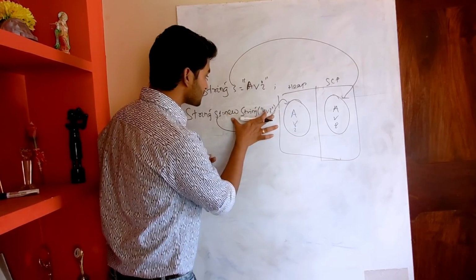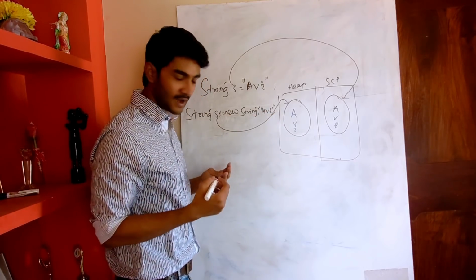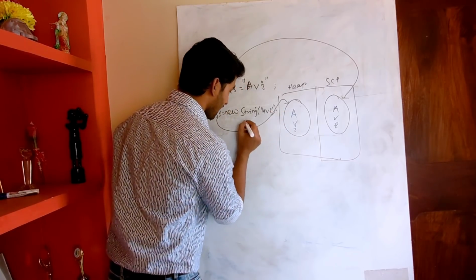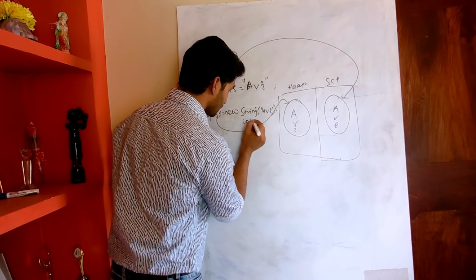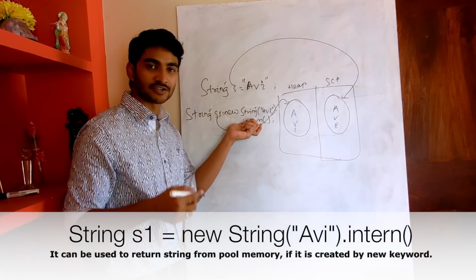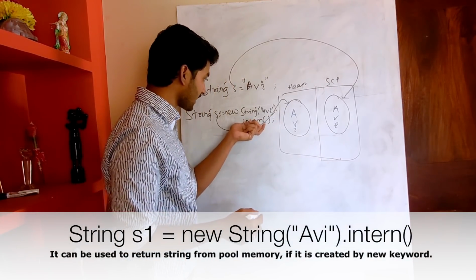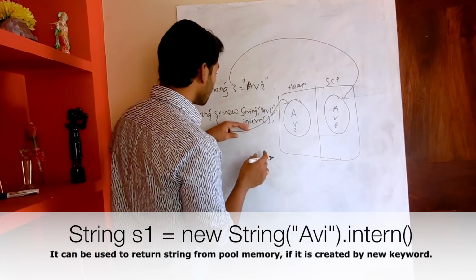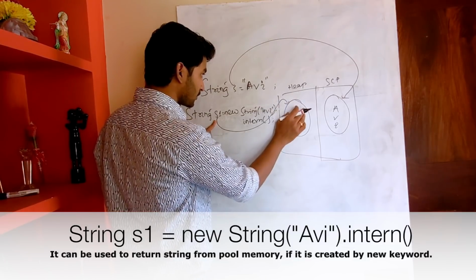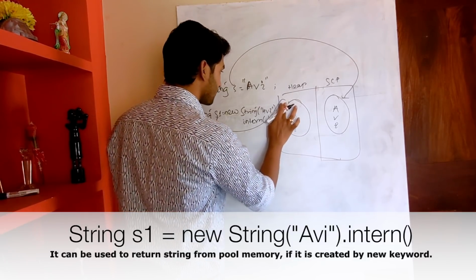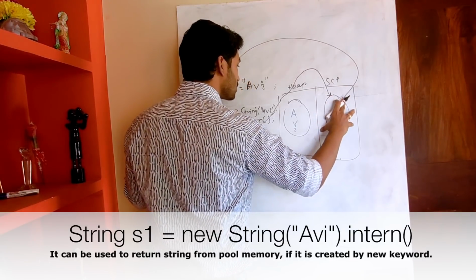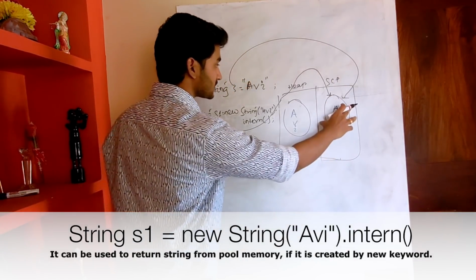Now this object is not interned, right? To make it interned, I'll say dot intern. This intern method is available inside your String API. If I make it interned, now this s1 is not going to point to the object inside the heap memory. Instead, it is going to point to the object inside the string constant pool.